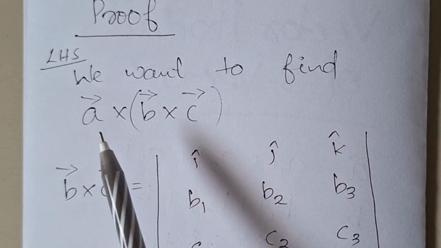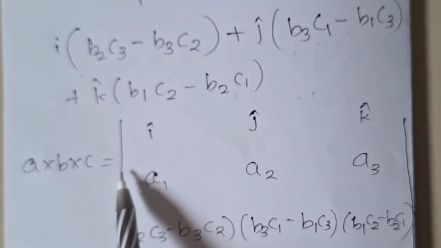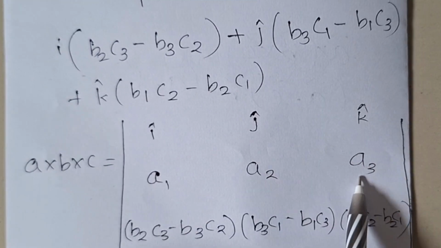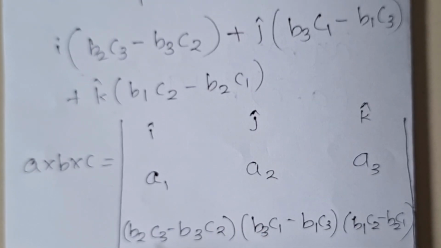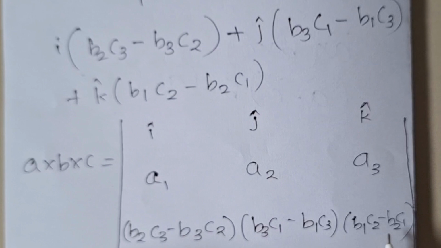Then we cross this B cross C with A. That is A cross B cross C equals the determinant with rows I, J, K, A1, A2, A3, and the answer we got for B cross C: B2 C3 minus B3 C2, B3 C1 minus B1 C3, B1 C2 minus B2 C1.